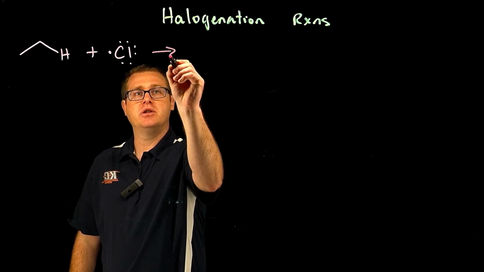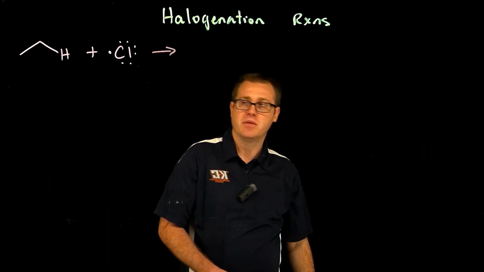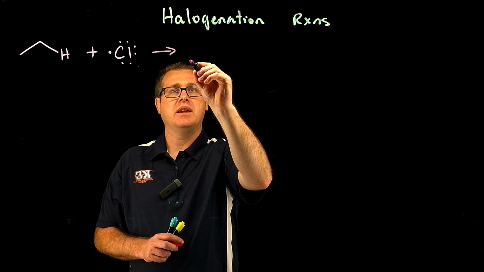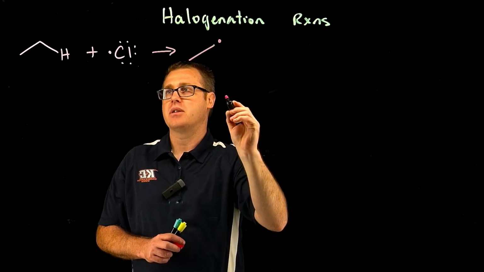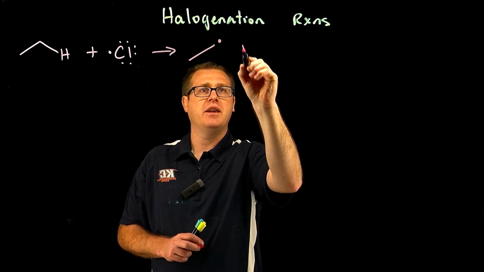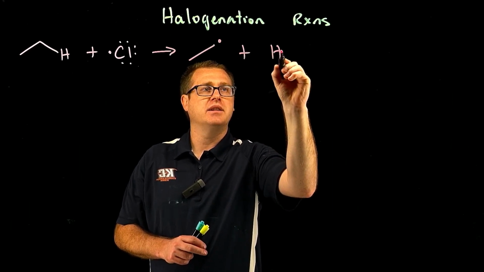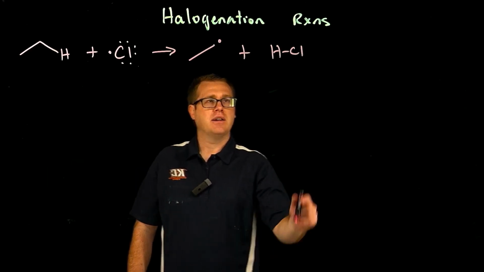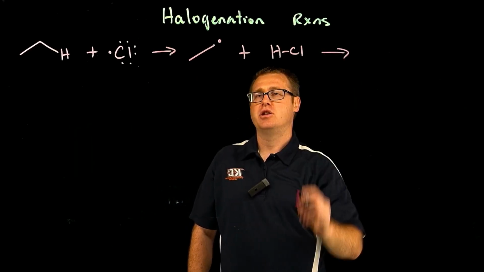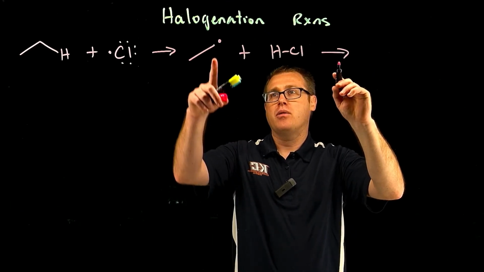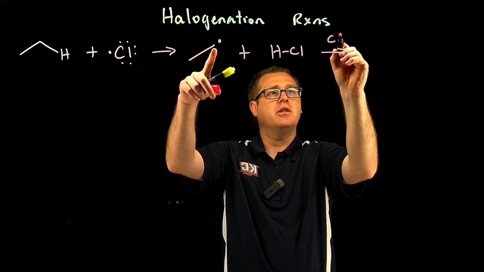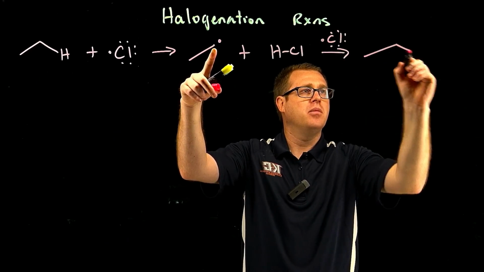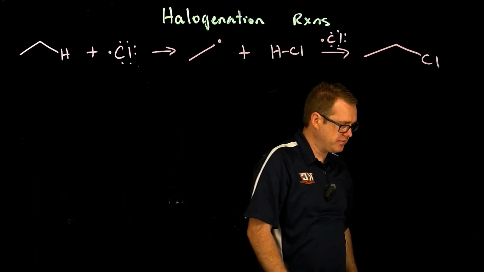When you do this reaction, we're going to have the first propagation step, which would then give us a radical right there. And then you would generate our HCl, just like that. And then our next step would be to take our radical right here and treat it with another chlorine radical to form our bond like that.